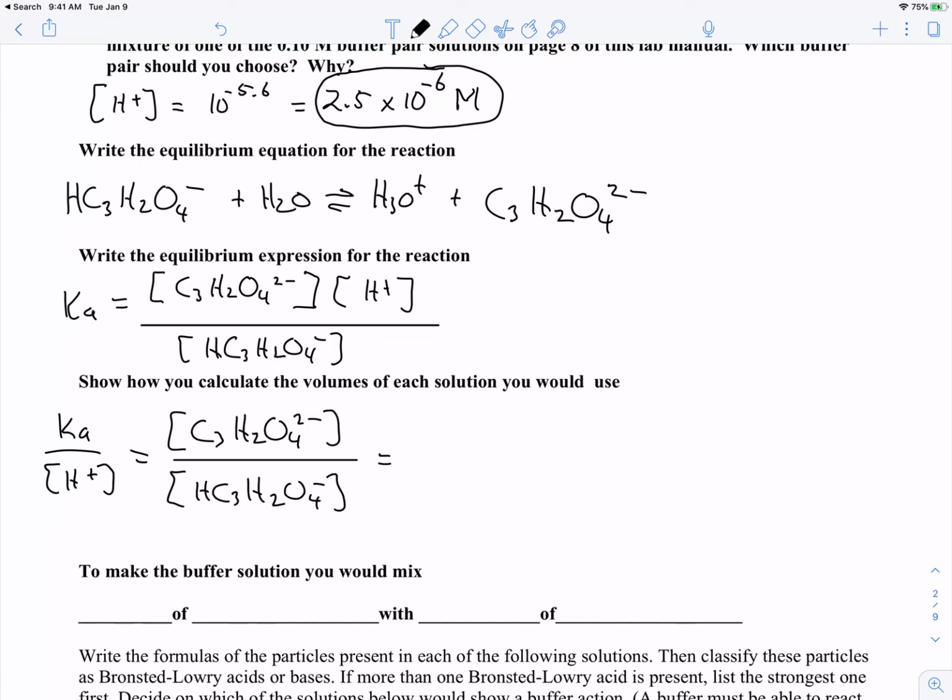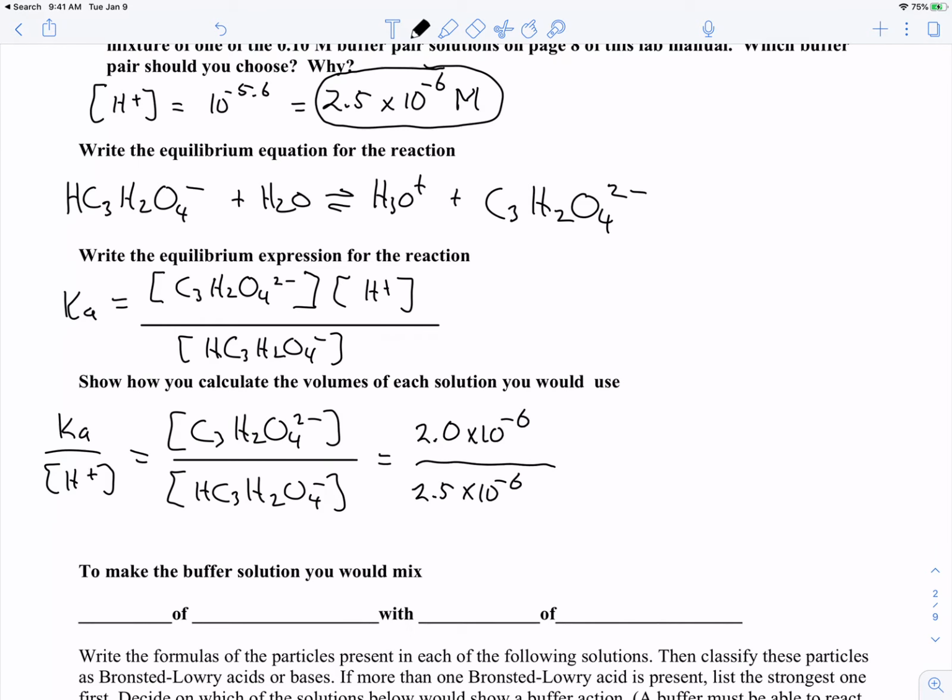Okay, so that's going to equal, now what is it going to equal? We don't know those values, but we do know the Ka, we just looked it up, is 2.0 times 10 to the minus 6. And the hydrogen ion concentration, that's what we're looking for. We had already calculated that. That is 2.5 times 10 to the minus 6.